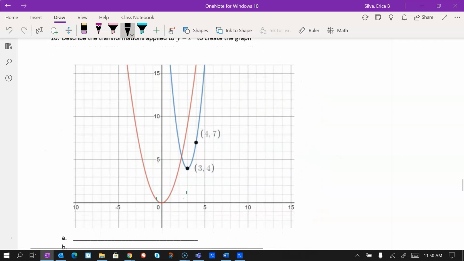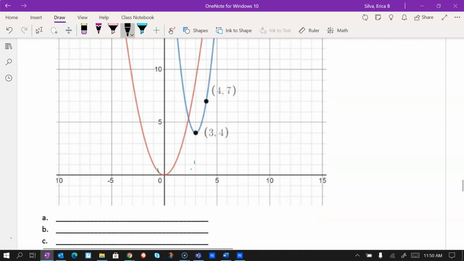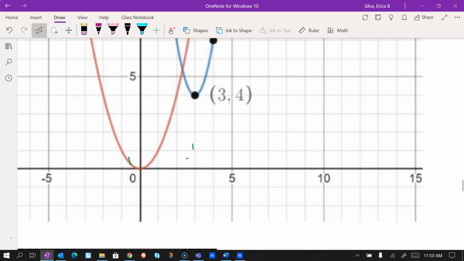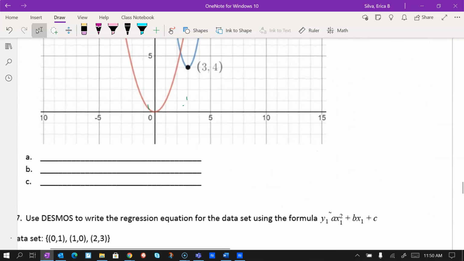Okay, we're going to describe this transformation. When we're looking at the transformation, whether it's going up, down, left, or right, we want to go from the vertex of my original function, which is this parent function, the red one.